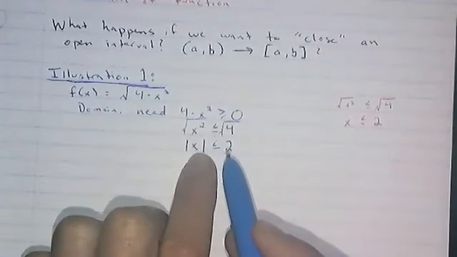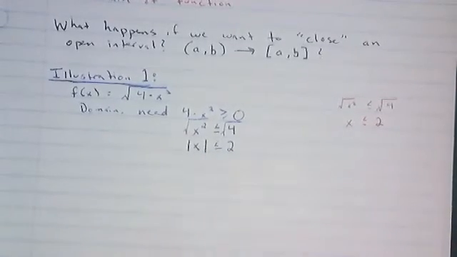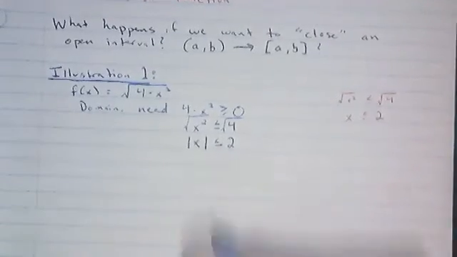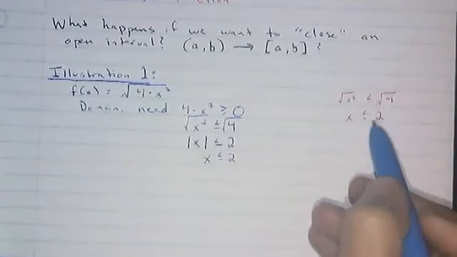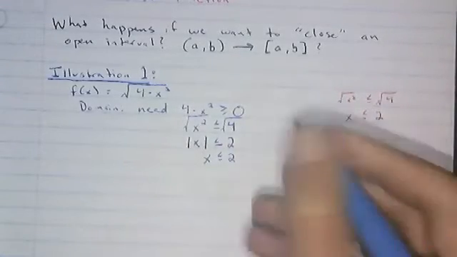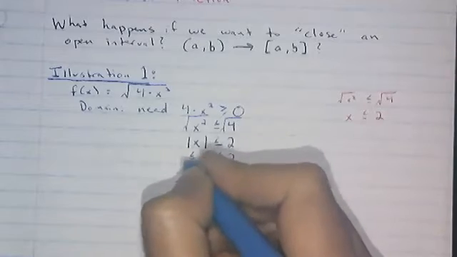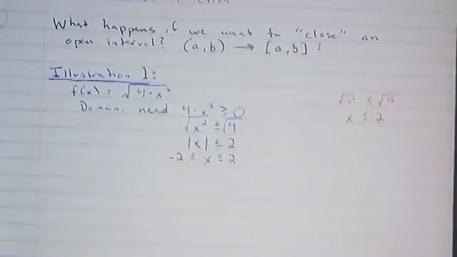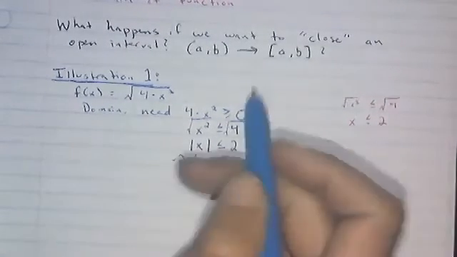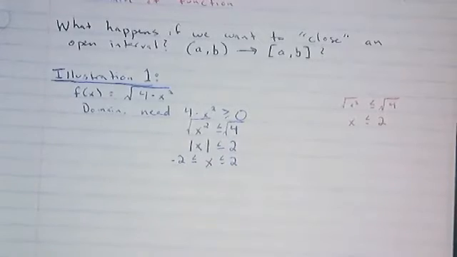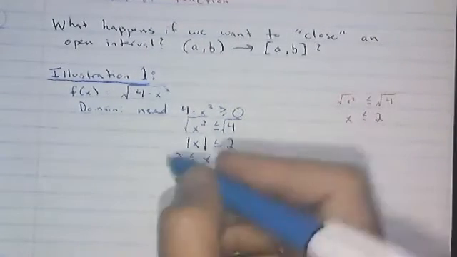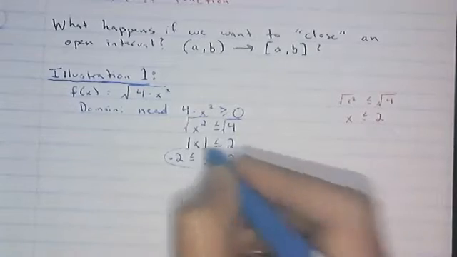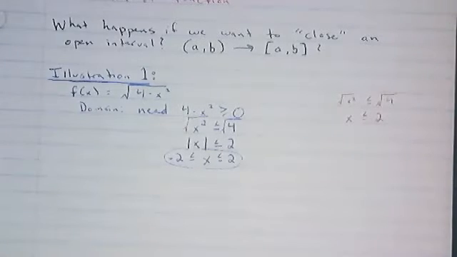This is the correct next step. This leads us to the correct domain that we need x to be sandwiched in between, yes, less than or equal to 2, but also greater than or equal to -2. Square root of x squared is the absolute value of x. And so our domain is this guy, which is a closed interval.